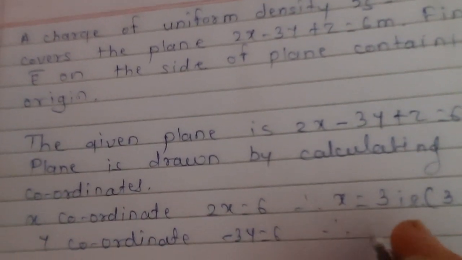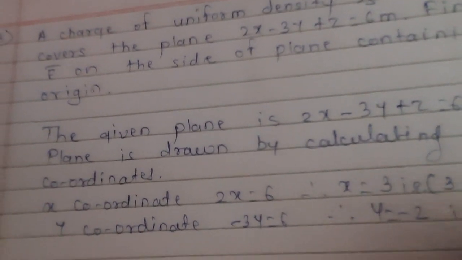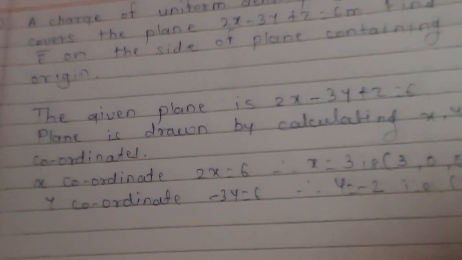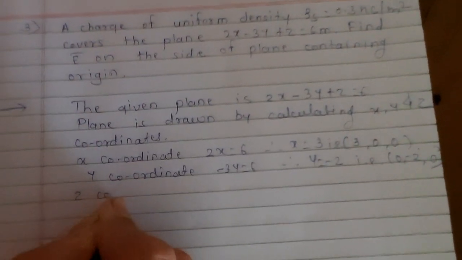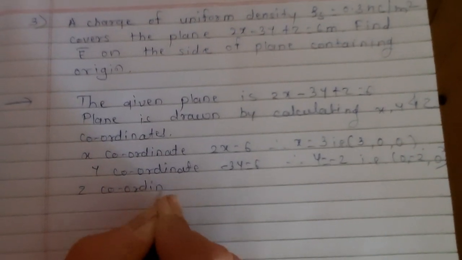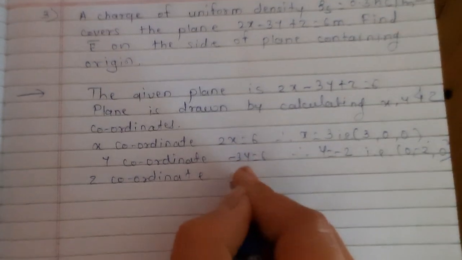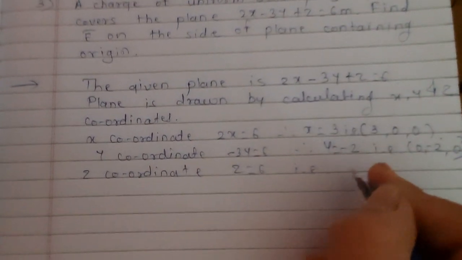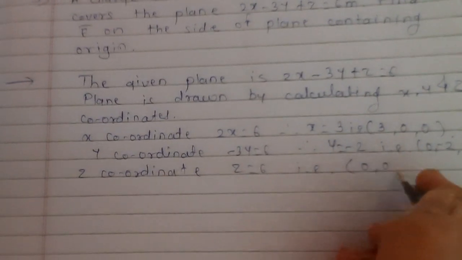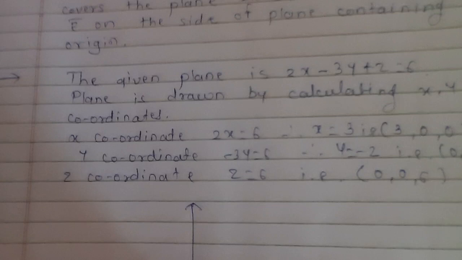So y is equal to minus 2, that is 0, minus 2, 0. And next is the z coordinate. The z coordinate is, that is, 0, 0, 6.